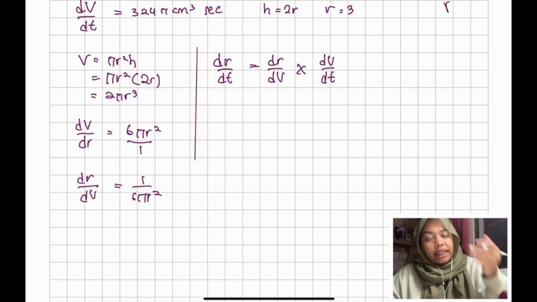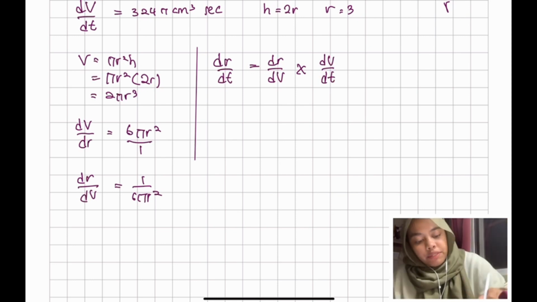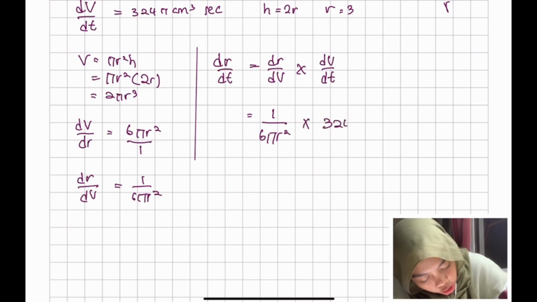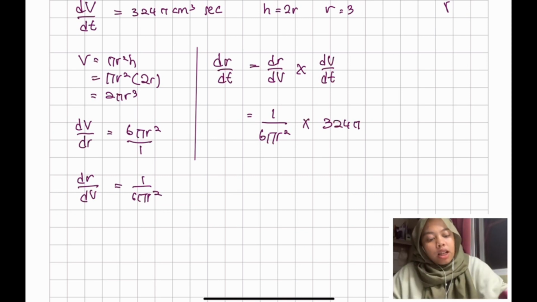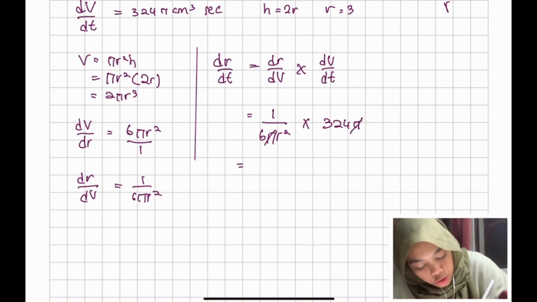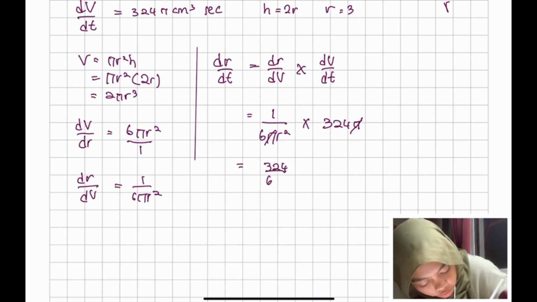So right now, you already have the value of dr over dV, so you can directly substitute it into the equation. So 1 over 6 pi r squared times 324 pi centimeter cubed per second, but you don't have to write the units. Notice here both have pi, so you can cancel out the pi. So for the final answer, you will get 324 over 6r squared.